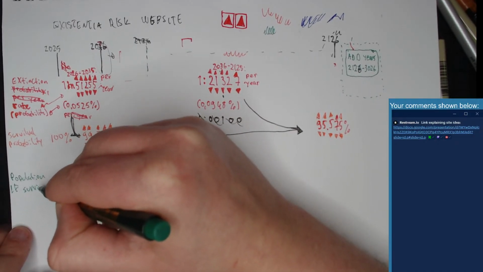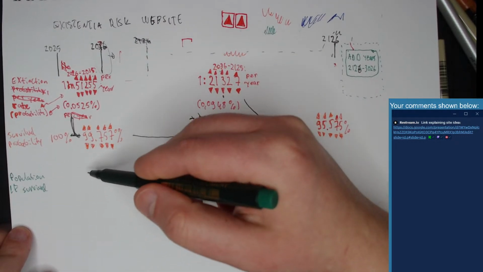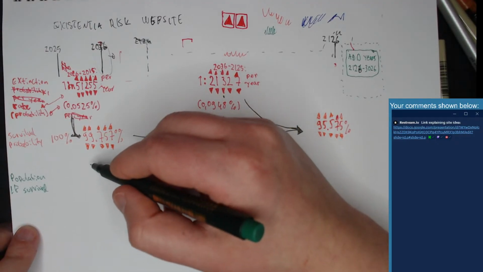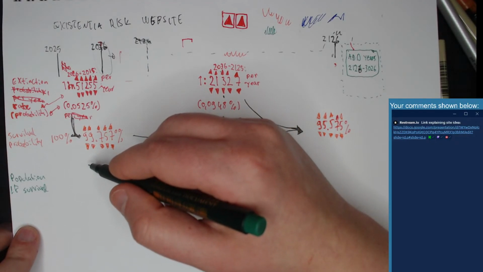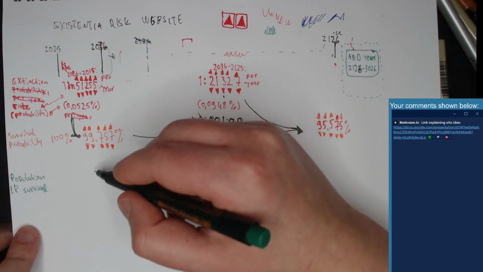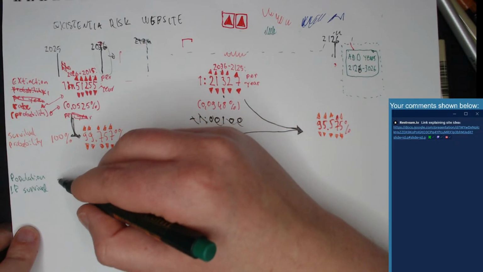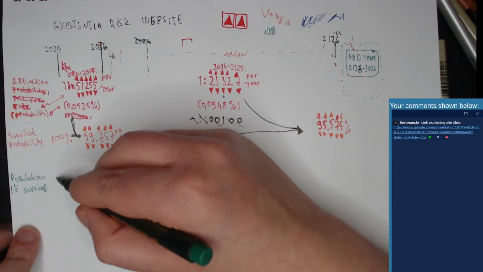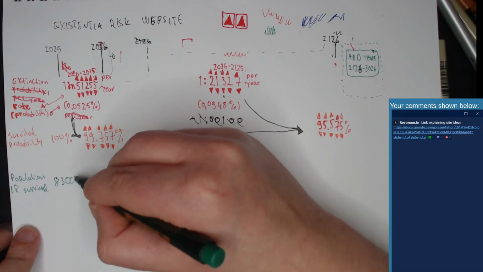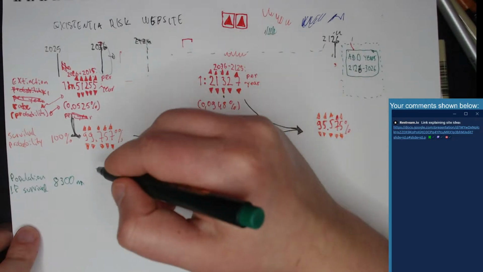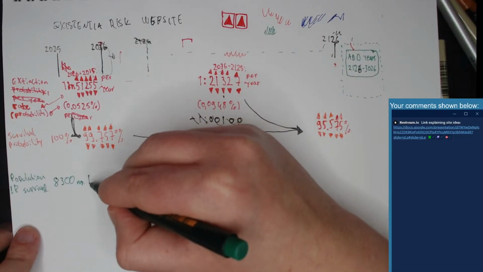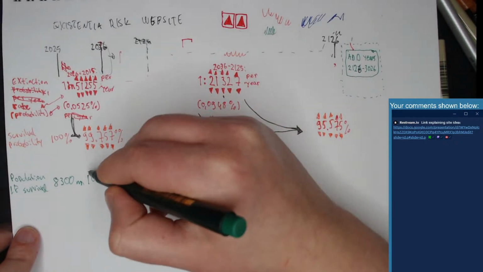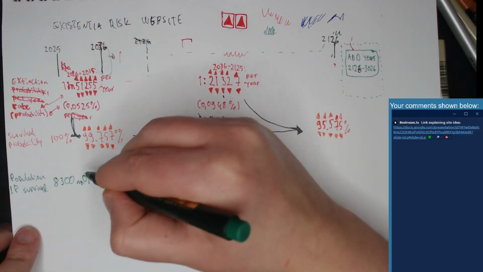I haven't figured out a good phrasing for this. This would be the population if we survive, so if there hasn't been an extinction. So you could choose this, and I think I did this in terms of millions of people, so it would start at 8,300 million people, and then we have 10,000 million people.